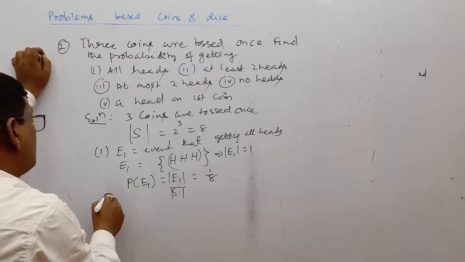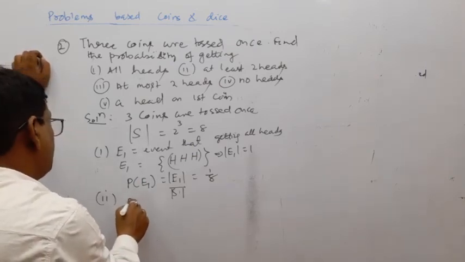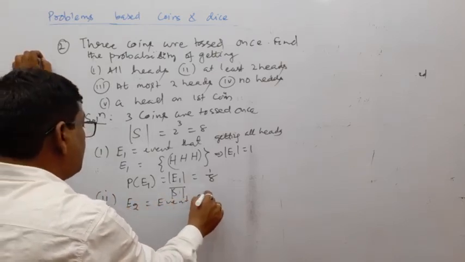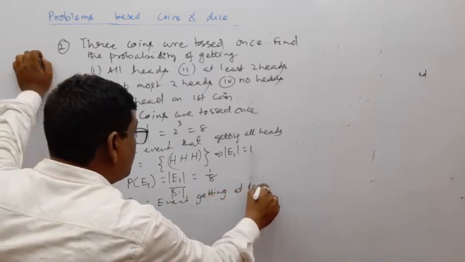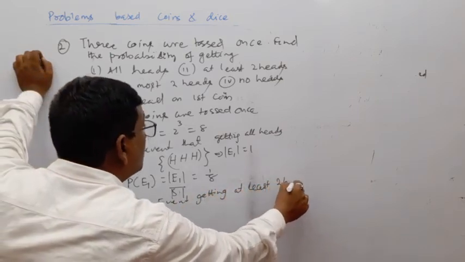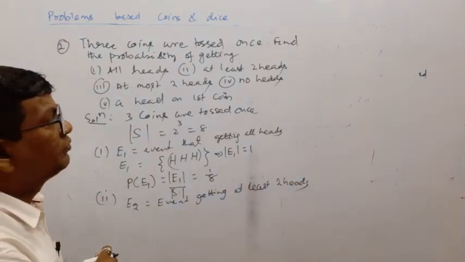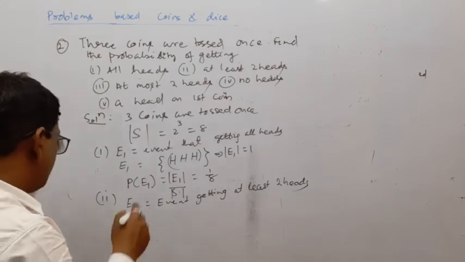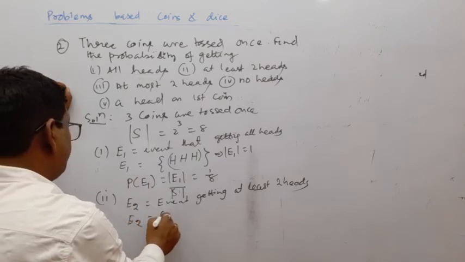Now the second question, at least two heads. E2 is equal to the event of getting at least two heads. At least two heads means a minimum of two heads. So E2 is equal to what?